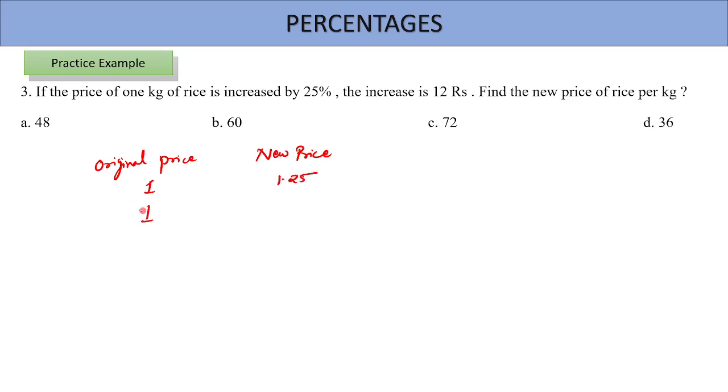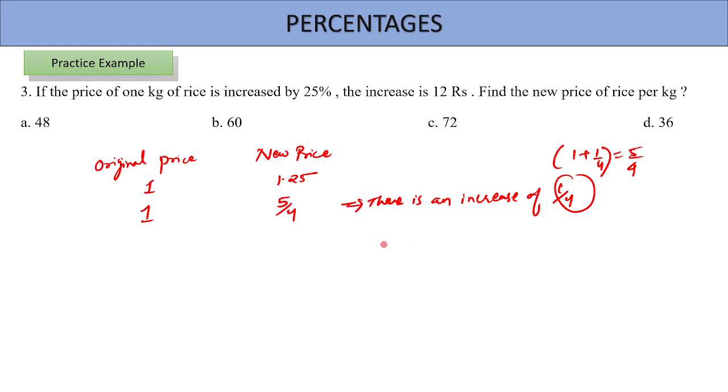Or you can write it as: original price is 1 and new price is 5 by 4. So I can see that there is an increase of 1 by 4. That means 1 plus 1 by 4 is going to give me 5 by 4.